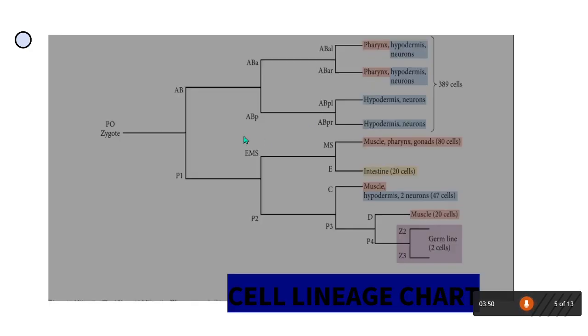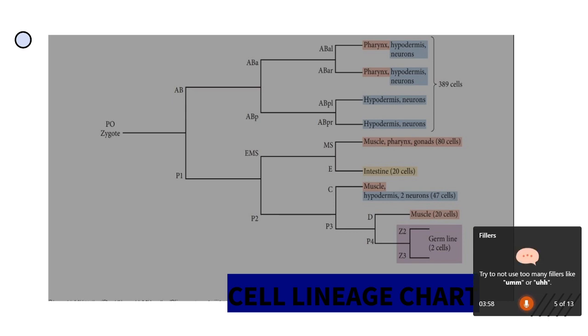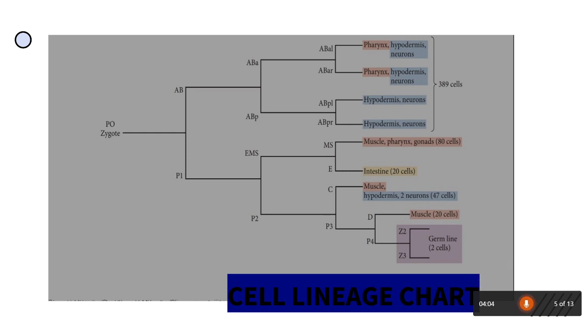Then, moving on to the cell lineage chart. I have told we are going to learn about the anterior, posterior, right-left and dorsal-ventral axis formation. Before that, we really need to know how the zygote is getting cleaved. Only then can we go through those topics.